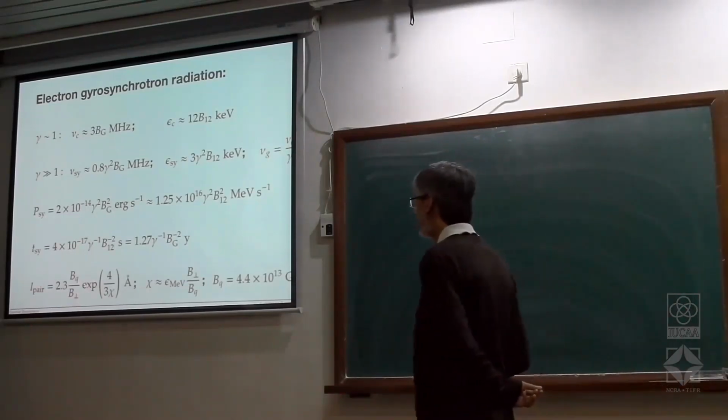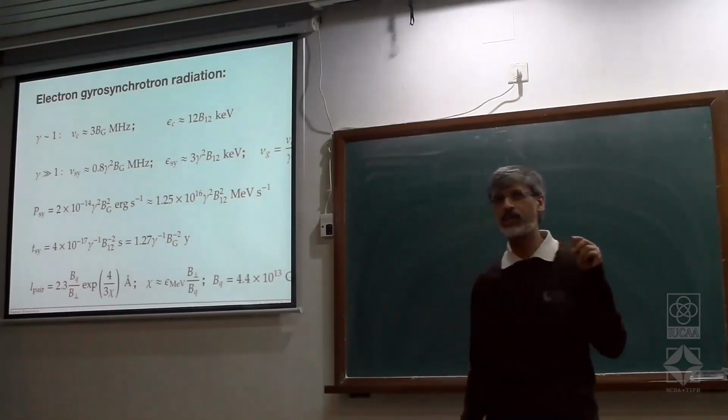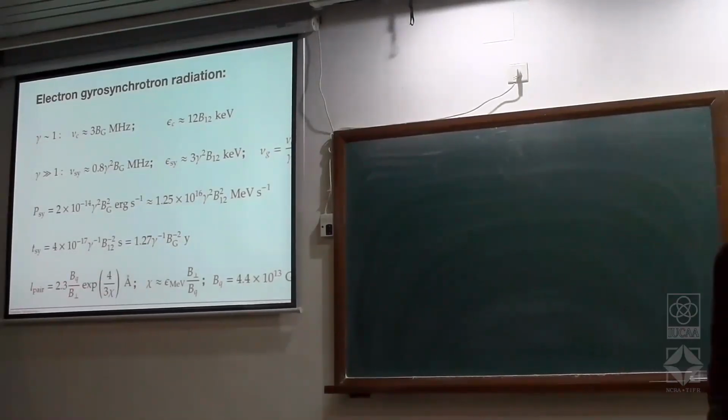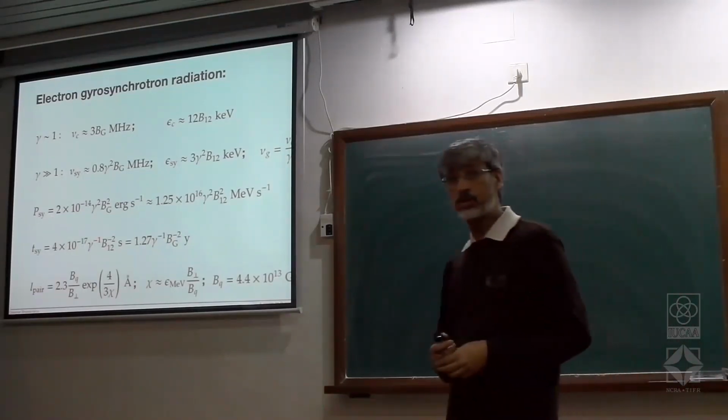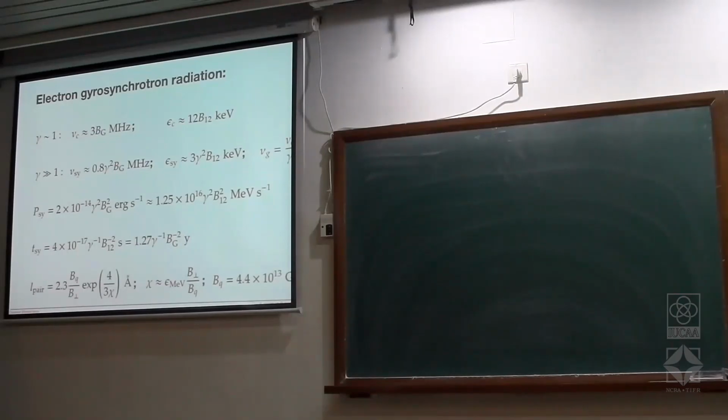But remember, this quantity is not the local magnetic field itself. It is the component of the magnetic field which is perpendicular to the propagation of the photon. Most of these photons are emitted from particles moving along the magnetic field at very high Lorentz factor.